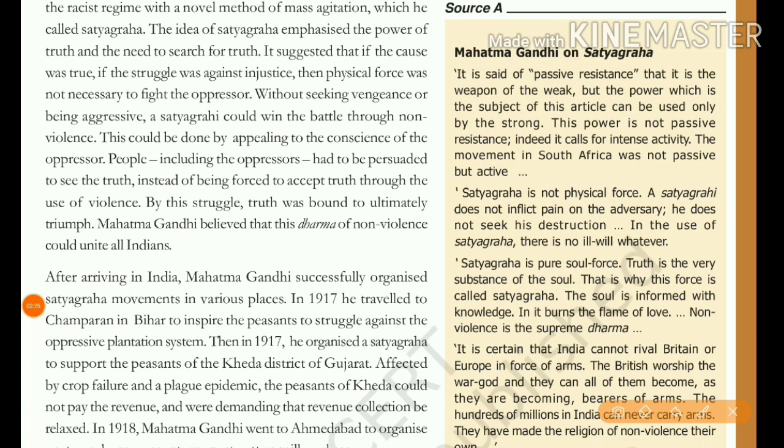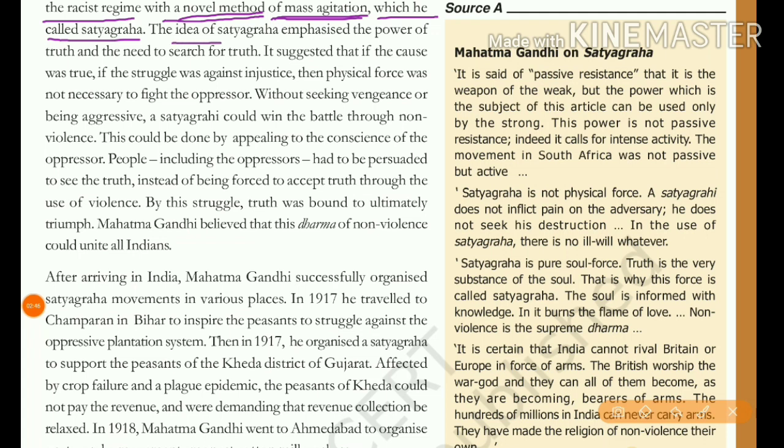In South Africa, Gandhiji successfully agitated against the racist regime with a novel method of mass agitation, which he called Satyagraha.